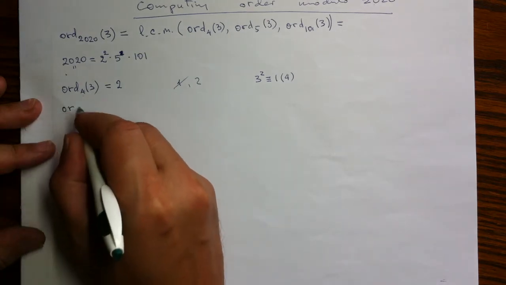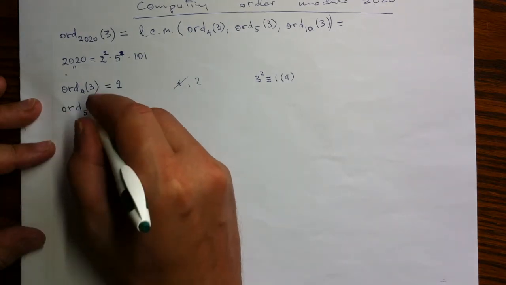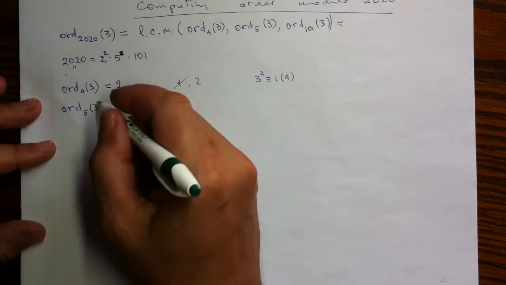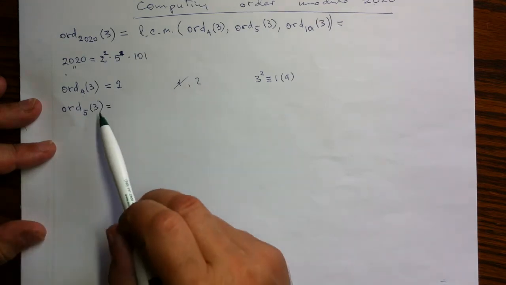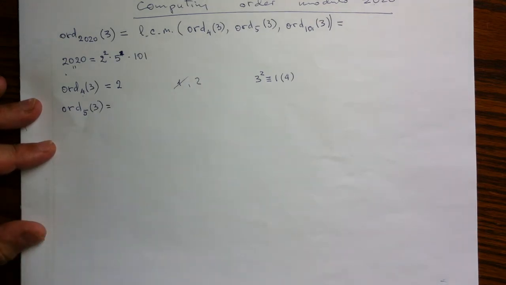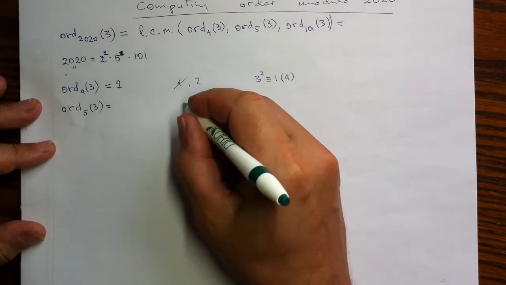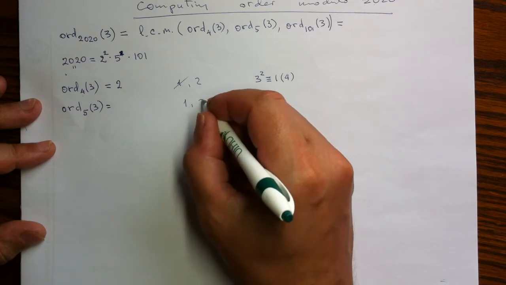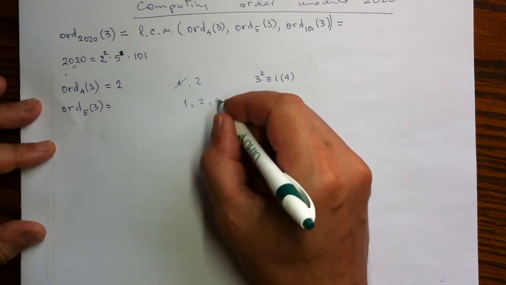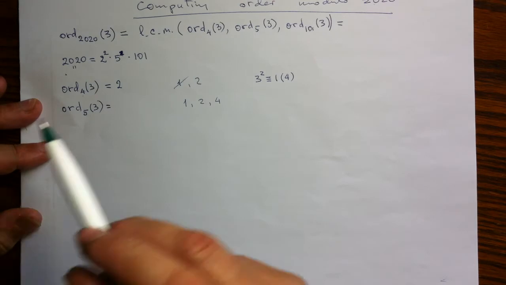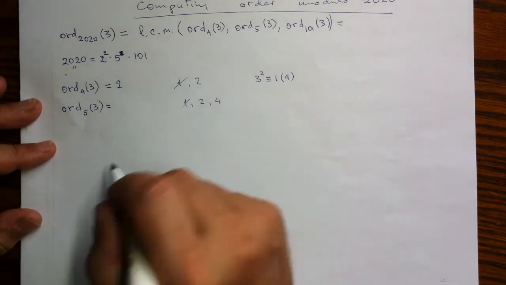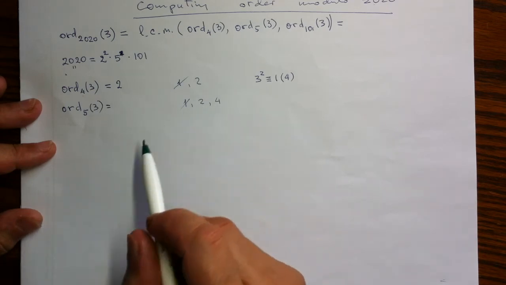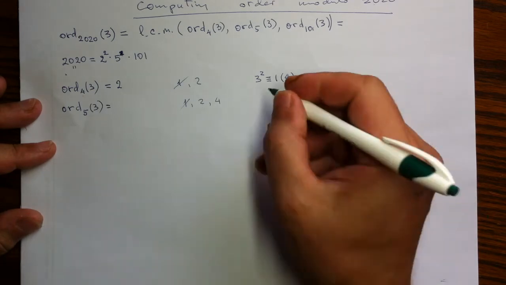And the next computation will be modulo 5 of the same number 3. So we need to find the order modulo 5 of 3, the smallest power of 3 which is congruent to 1 mod 5. The possibilities are divisors of the Euler function of 5, which is 4. And now we have 3 divisors, 1 and 2 and 4. And of course 1 is not an option, 3 is not congruent to 1 mod 5. The square of 3 is 9, it's also not an option.